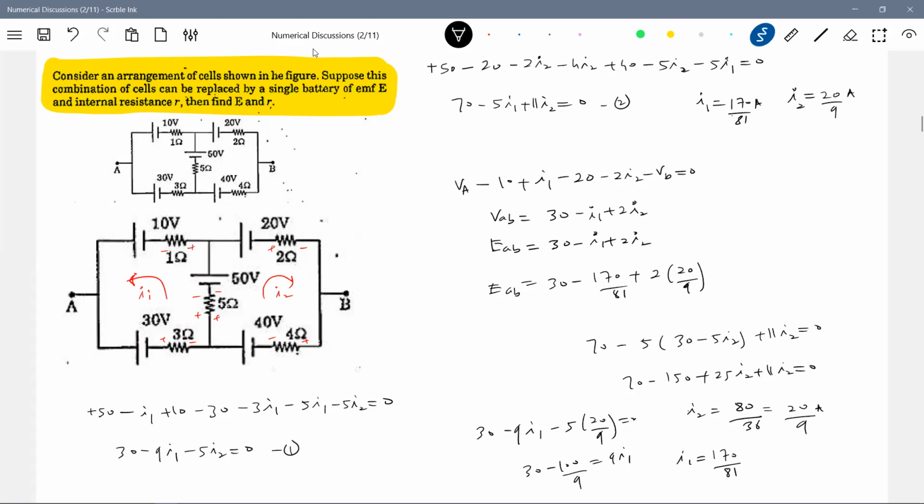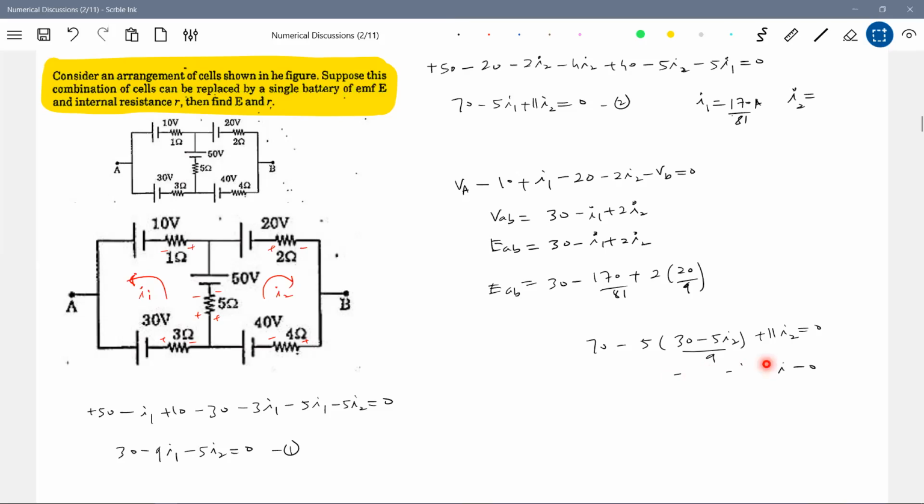What about I2? We are getting some different values, not 20 by 9, sir. You made a mistake in that substitution, sir. That is 70 minus 5 into 30 minus 5I2, sir. Oh, yeah. We'll get I2 is equal to minus 210 by 124. I think I have to change all the things.